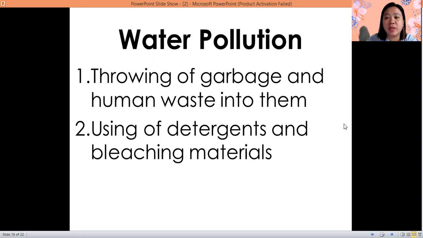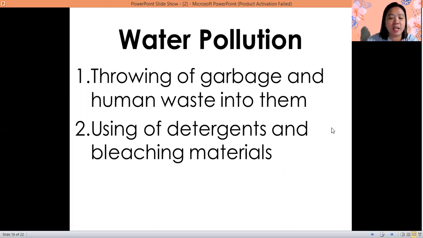All right, so it will affect our water. And of course, the number 2, using of detergents and bleaching materials. It can cause water pollution also. If we use it, yeah, we are using it because we are washing, especially in the river, yun, ng mga detergents and bleaching materials.